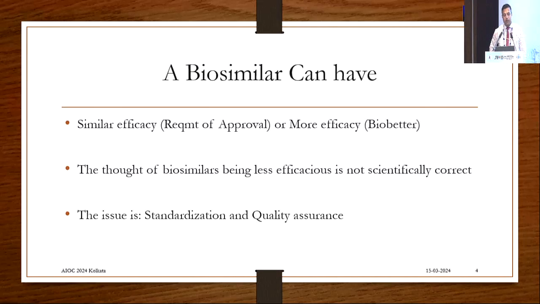So most of the biosimilars that we see are either equally efficacious to the parent molecule, or sometimes they are bio-betters, in that their efficacy is higher. The thought of a biosimilar being less efficacious is not scientifically correct, because unless the drug has equal efficacy, it will not get an approval. The issue always came with standardization and quality assurance.